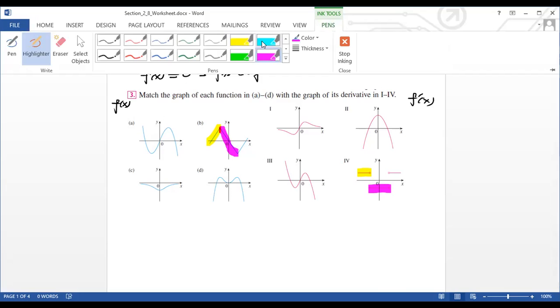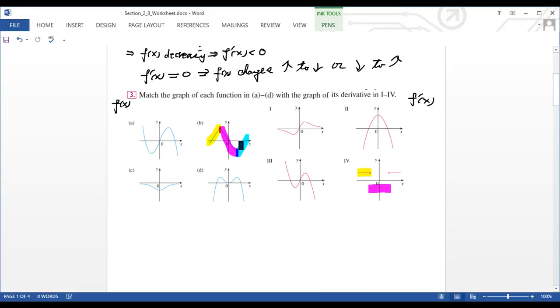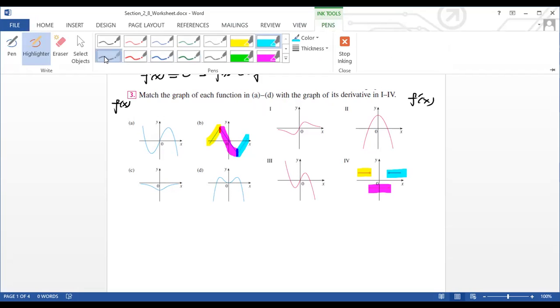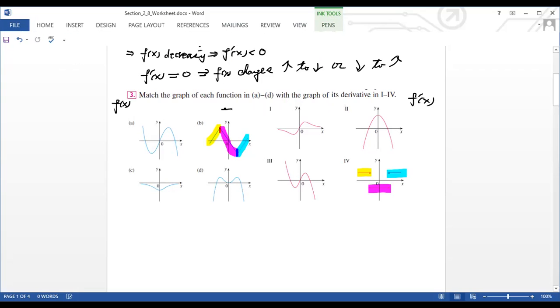Then the same way for this part here, right? So this part is a positive slope and going up, and also constant, so it's here. Okay, so I know part B is going to match what? Number 4 here.